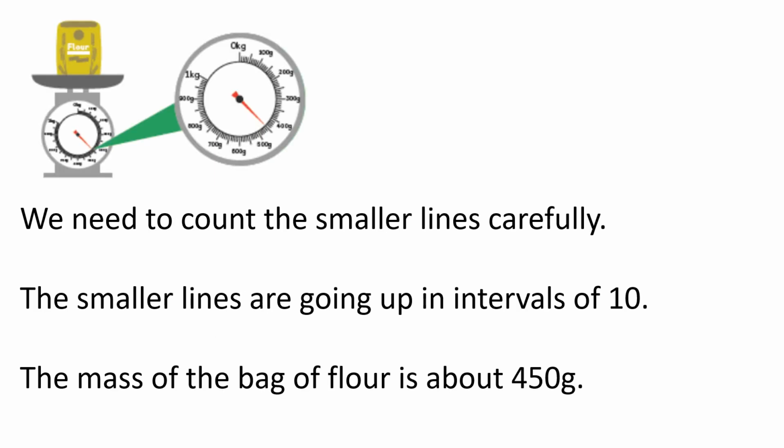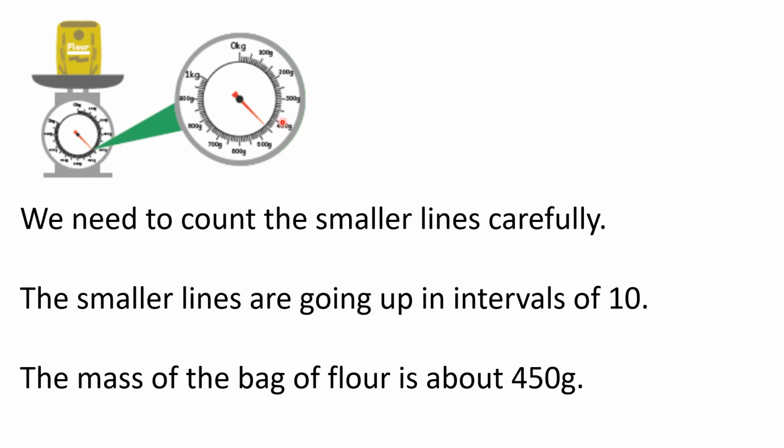So in this case, we need to count the smaller lines really carefully. And the picture has just shown you a zoomed in view, so you should be able to just about see those markings. Now, the smaller lines between the numbers are going up in intervals of 10.